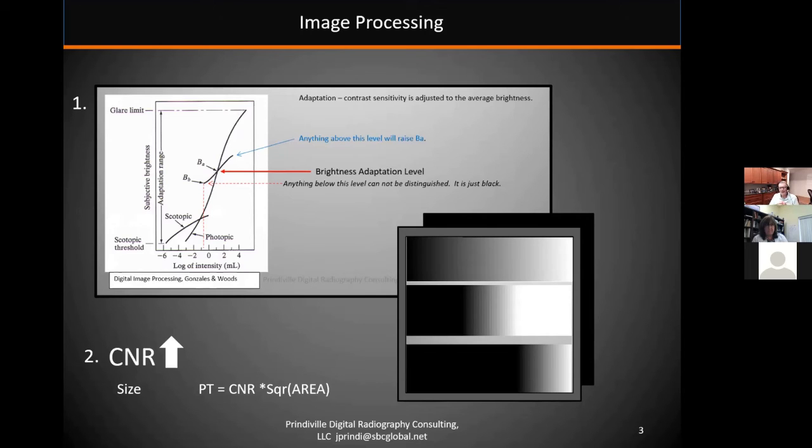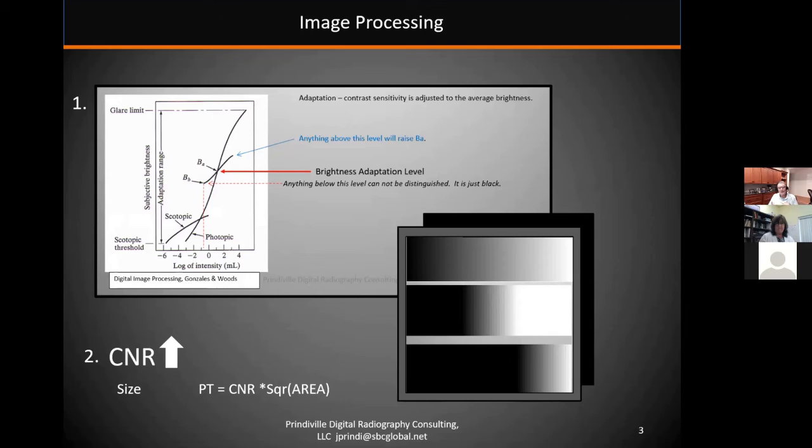That's it at one adaptation. However, I could readapt down here and do it again, or I could readapt up here until finally it's too bright. So I can cover that 800 to 1,000 grayscales, but not at one time. It's where my eye adapts.